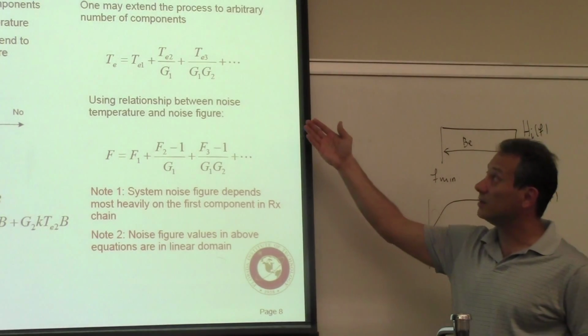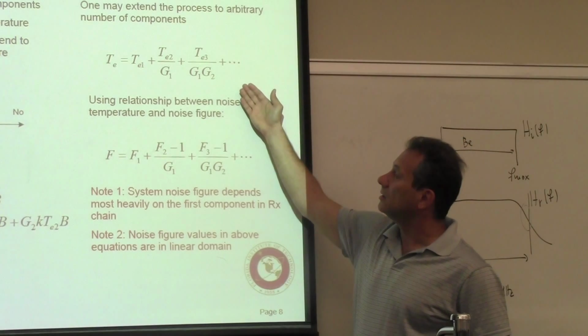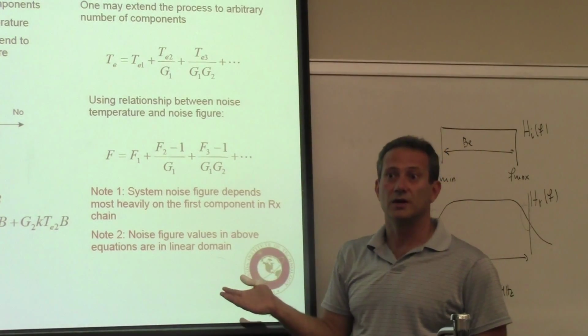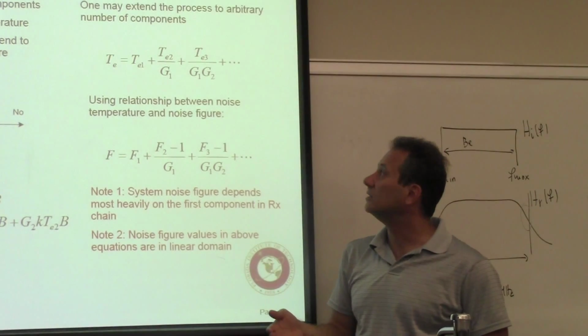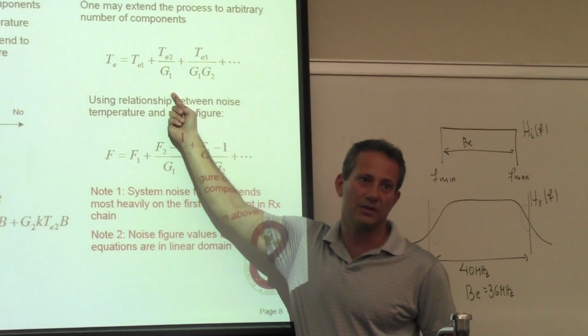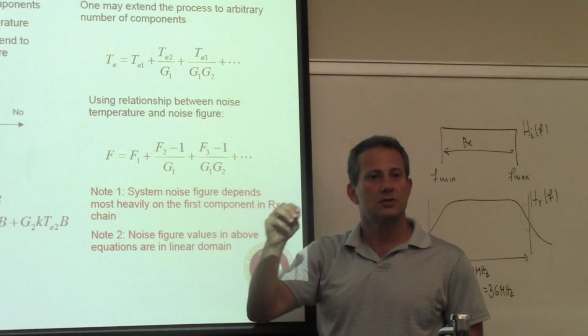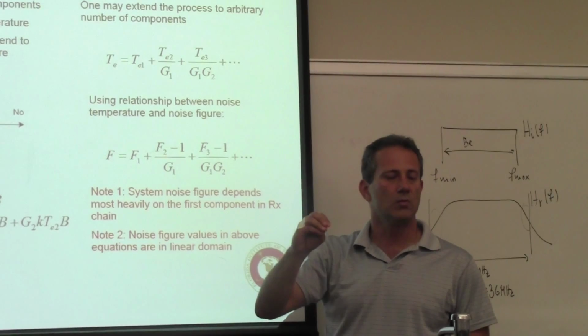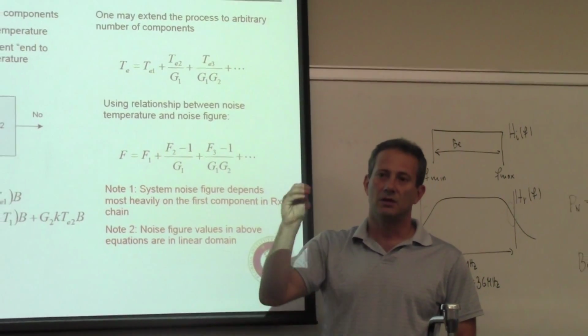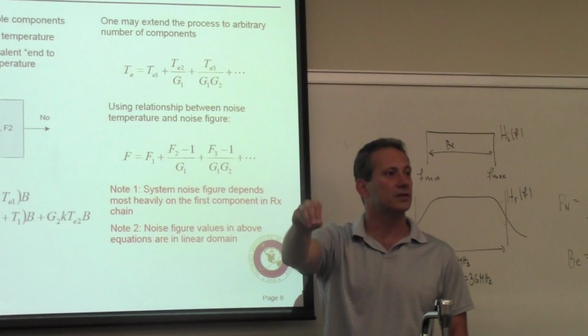What you learn here right away is that the most important is the first stage, right? How much of the noise is generated in the first stage, provided that the gain of the first stage is significant, right? So what we have in almost all wireless communication systems is careful design of the front end.